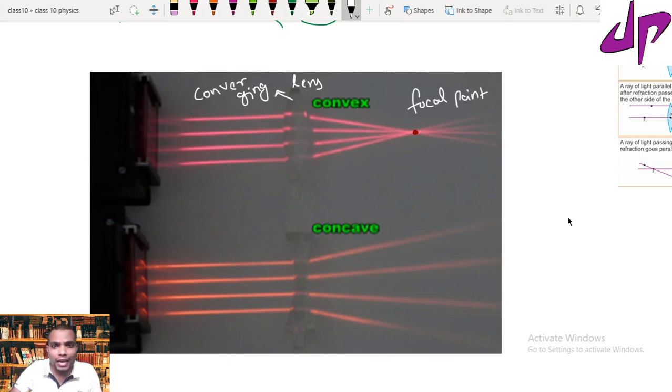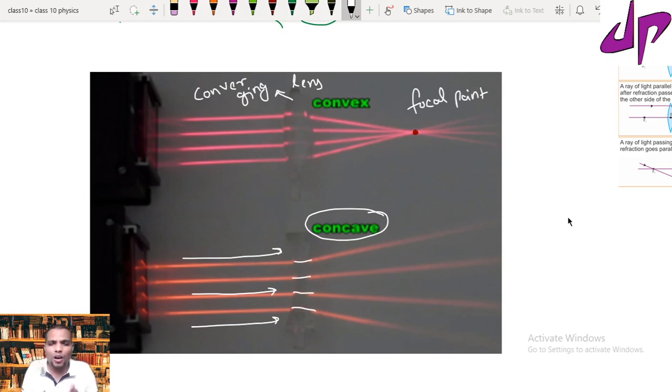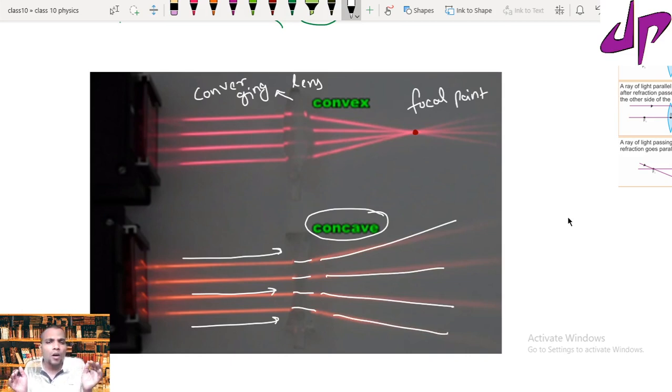Similarly, another lens is known as the concave lens. The concave lens is exactly opposite to the convex lens. From the left side, light rays strike the lens. After refraction, light travels inside the lens and diverges, meaning the refracted rays go apart. They do not come together, they go away from each other. That's why we call the concave lens a diverging lens.